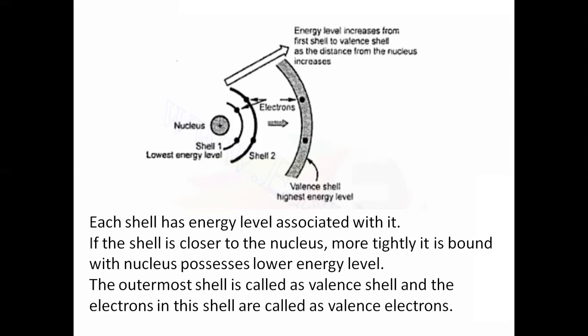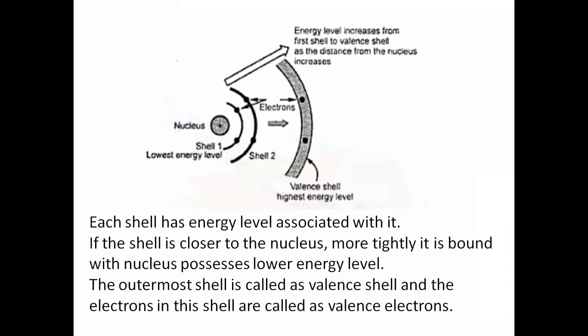Protons are present in the nucleus and are positively charged, whereas electrons are negatively charged. So for the electrons near the nucleus, the attractive force is more. When moving from a lower shell to a higher shell, the attractive force decreases. Due to that, we can easily remove the electrons in the outer orbit.